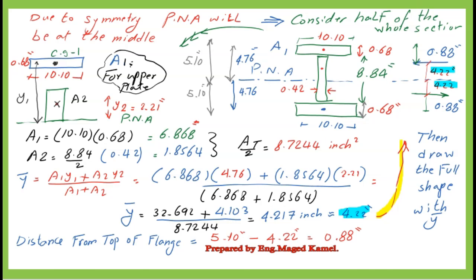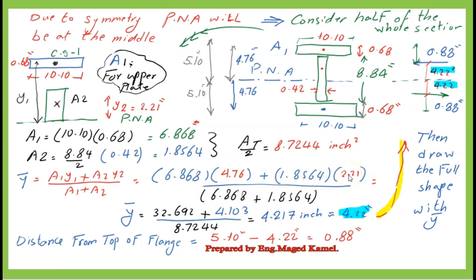To find Ybar, or the point of application of the compression force, we will estimate the moment of areas about the plastic neutral axis, or the sum of A by Y. A1 by Y1 equals 32.6920, while A2 by Y2 equals 4.103.